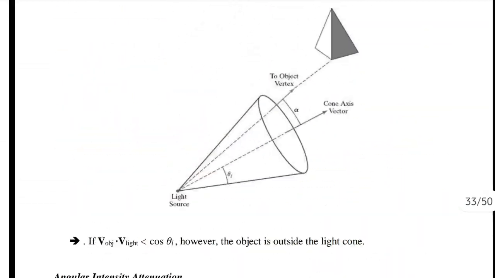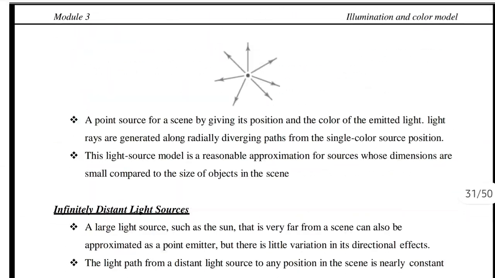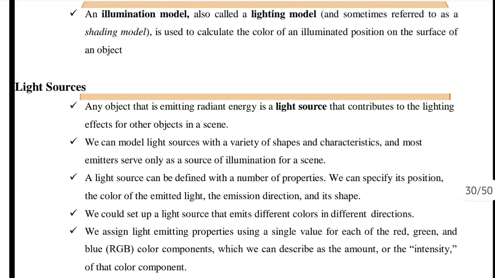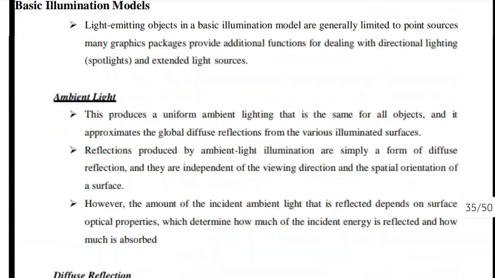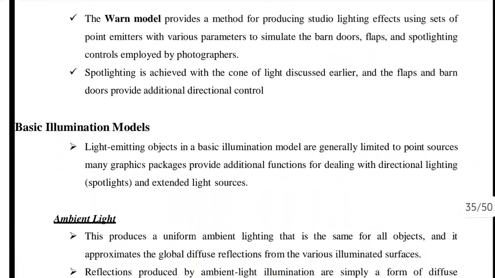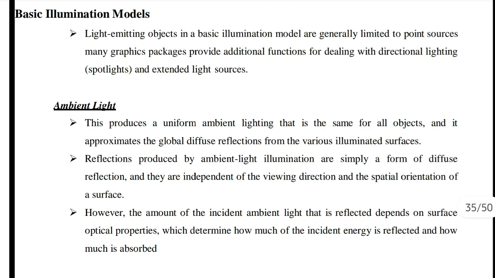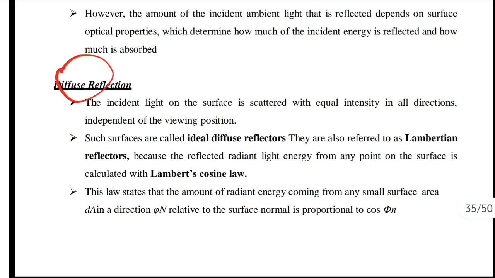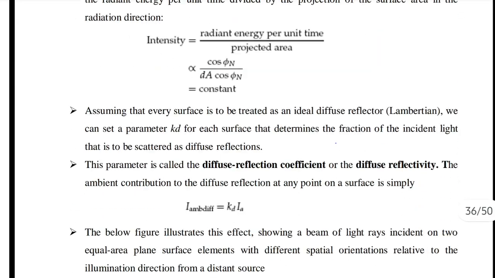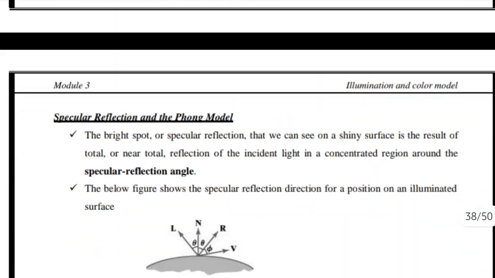So that was about the topic of light sources. Okay, let's move on to the third topic, which is basic illumination models. There are three basic illumination models: ambient light, diffuse reflection, and the third one, specular and Phong model.